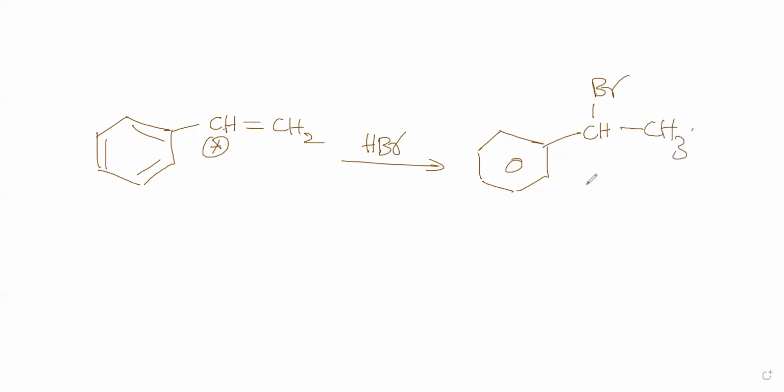That's all the answer is. So simple. 4 marks straight. It confused many students, and I don't know what happened. Many students gave the wrong answer because the benzene ring is there. They are confused. So don't worry. Benzene ring is not going to participate in the reactions of this kind. So simply you can add by using Markovnikov's rule. So that is the fundamental idea.